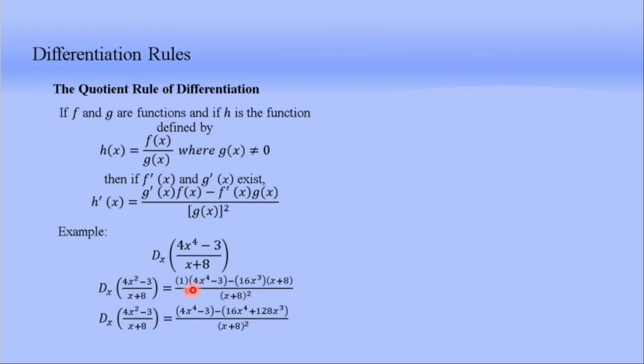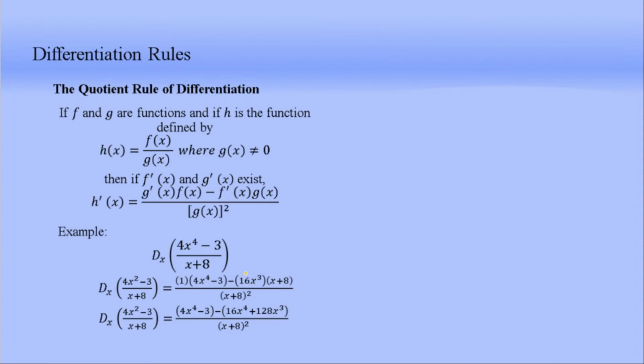Now we're going to multiply these terms as well as this. Since this is just 1, it will remain as it is. So 4x raised to the fourth power minus 3 minus.